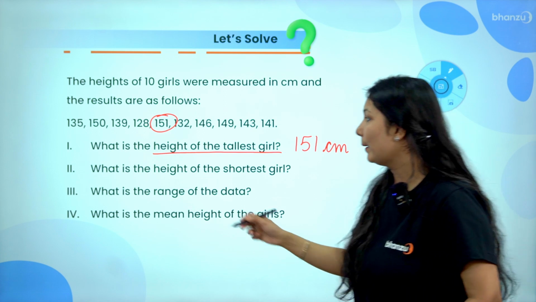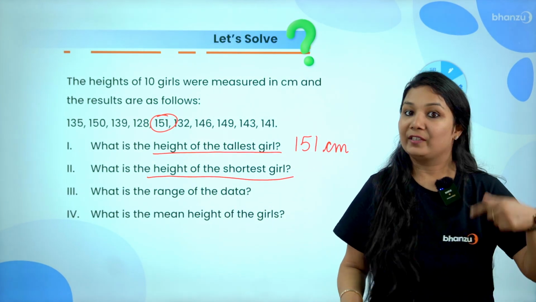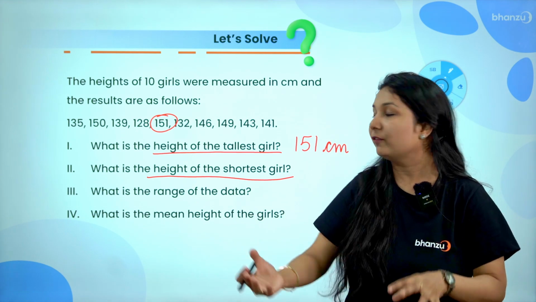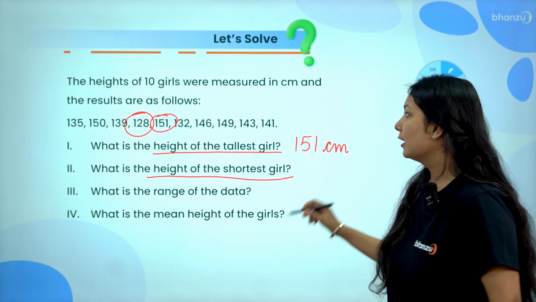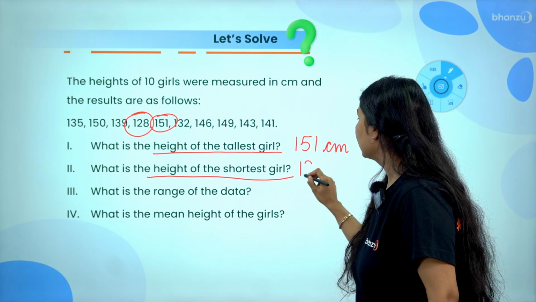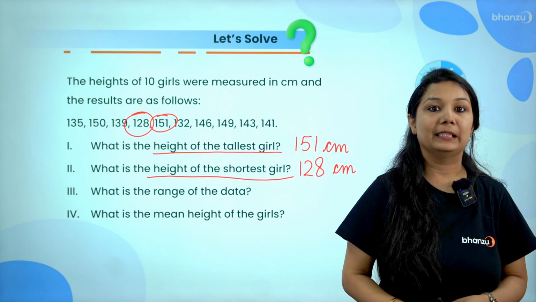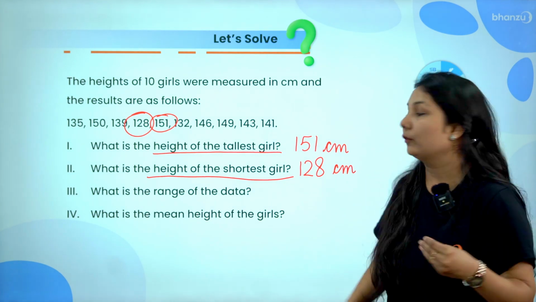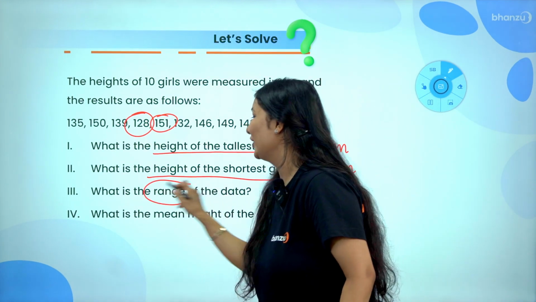Then in the second part, they want us to answer the height of the shortest girl. We have read the numbers, right? We identified. So now we have the smallest one as 128. So that is the height of the shortest girl over there. Easy. We have found the height of the tallest girl and the shortest girl. Now they want you to find out the range.